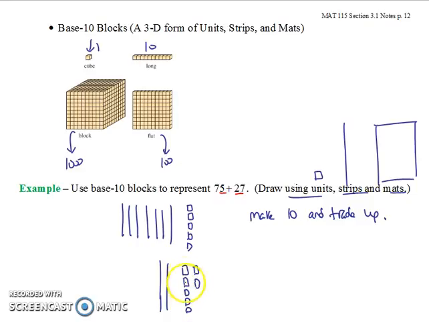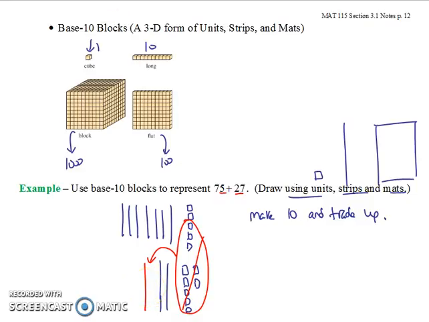So I'll do 1, 2, 3, 4, 5, 6, 7, 8, 9, 10. And I'll circle 10. And I'll trade those 10 for a stick or a strip. And now I'll just have a strip.